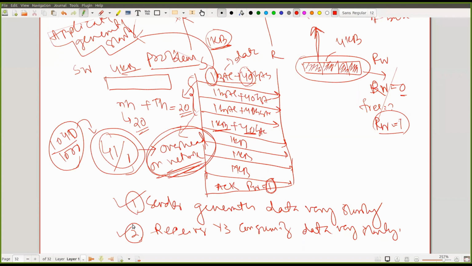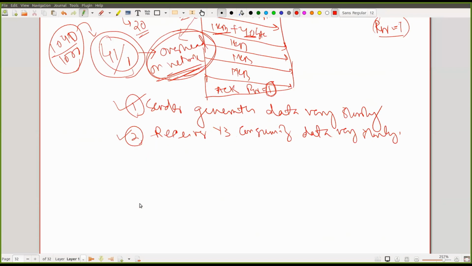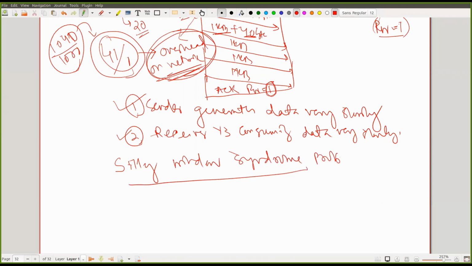That problem is called the silly window syndrome problem. That means the silly window syndrome problem can be generated due to a sender, or because of a receiver.